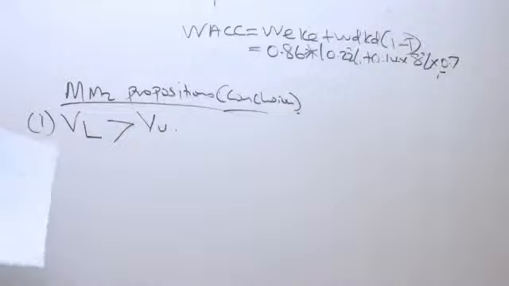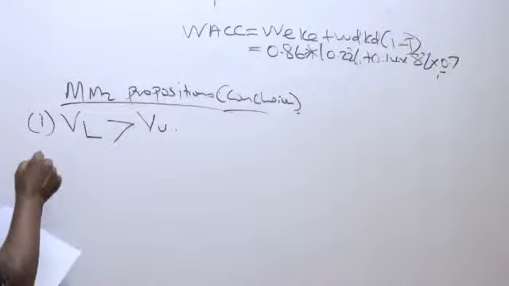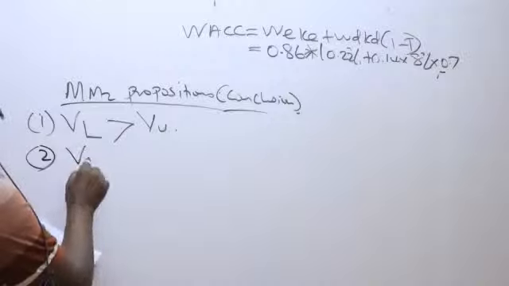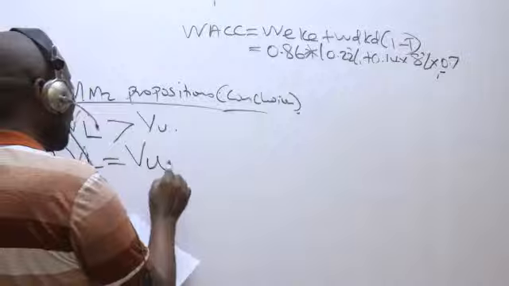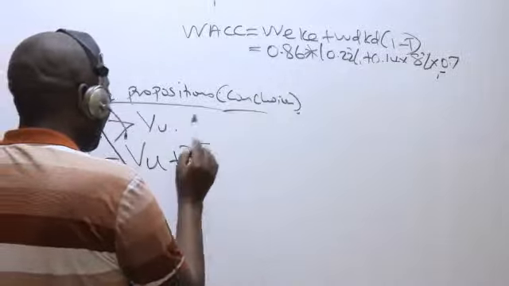Very, very important. Number two, a formula: the value of a levered firm will always be equal to the value of an unlevered firm plus DT.